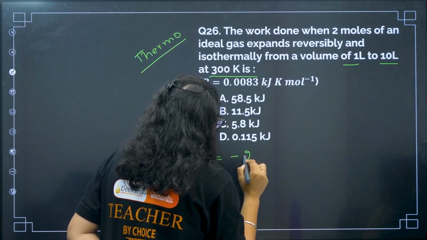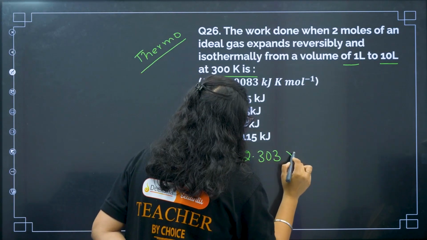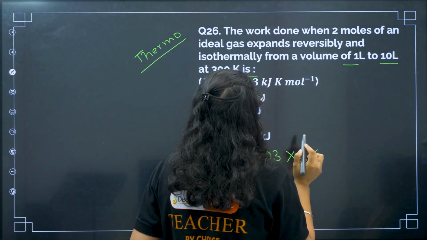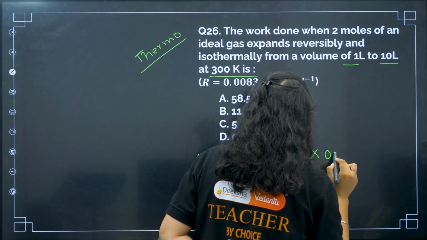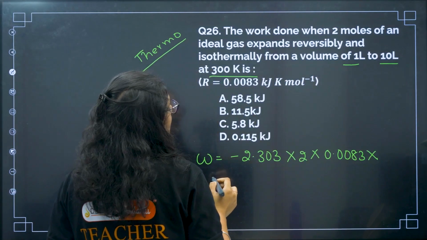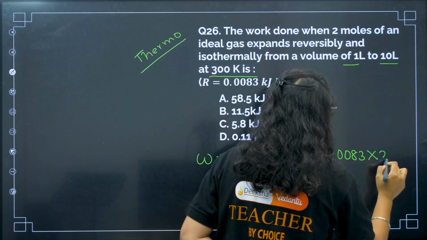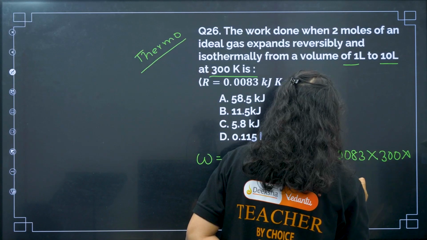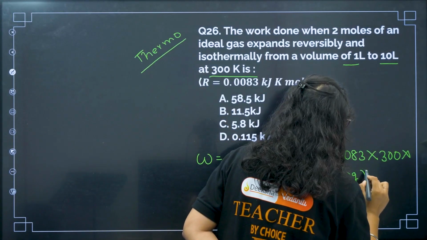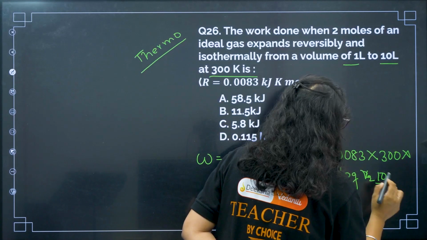Work done is minus 2.303 into nRT. So n value is again 2, R value is 0.0083, and T value is 300 Kelvin. Okay, log of V2 by V1, so V2 by V1 is 10 by 1, and log 10 is 1.